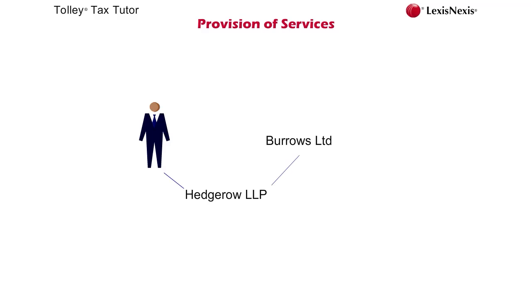For instance, let's assume that Andy and Burrows Limited are members of Hedgerow LLP. Burrows Limited provides advertising services to Hedgerow LLP, but the work is carried out for Burrows Limited by Andy. The provision of these services would be ignored when arriving at the notional profit.